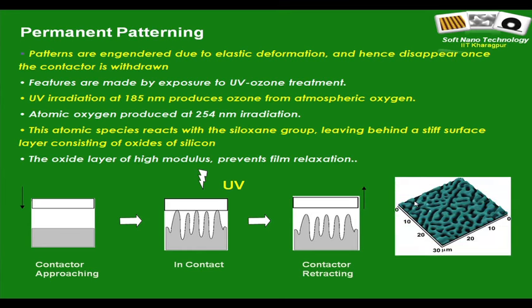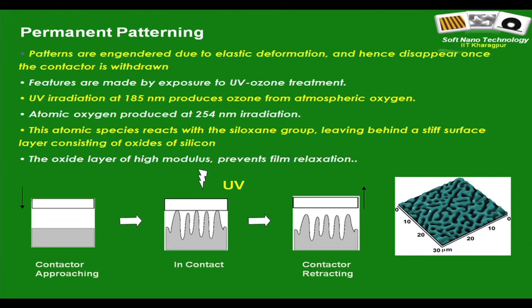And as you can make the pattern permanent and remove the contactor, that is evident because now you can do an AFM scan, because in presence of the contactor, of course, you can't do an AFM scan. So, one of the limiting factors in utilizing this technique as a viable patterning technique is eliminated, that you can make the patterns permanent.